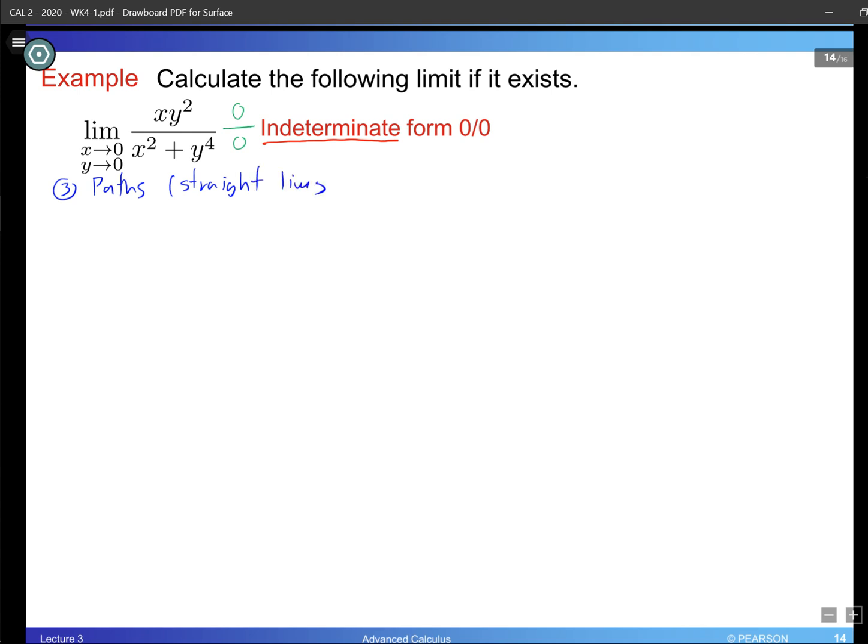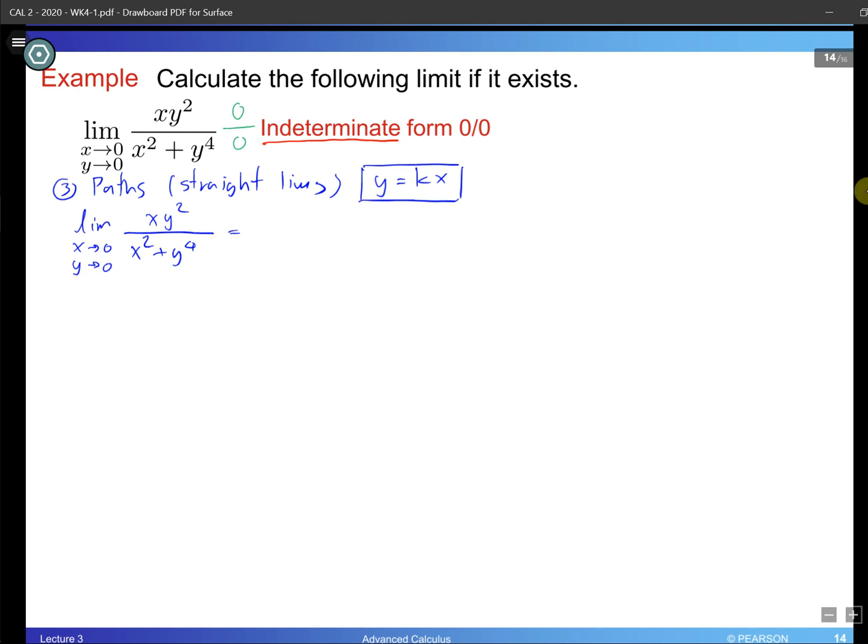Okay, so let's try that out. For a straight line, we are talking about y equal to kx, and we are going to use this in this limit. So let's work that out. Limit as x approaches 0 and y approaches 0 of xy squared divided by x squared plus y to the fourth.